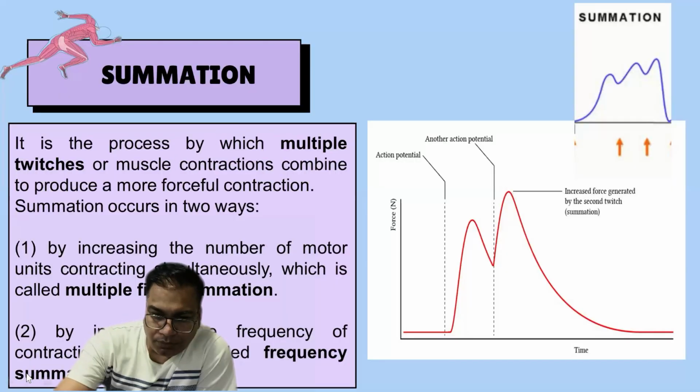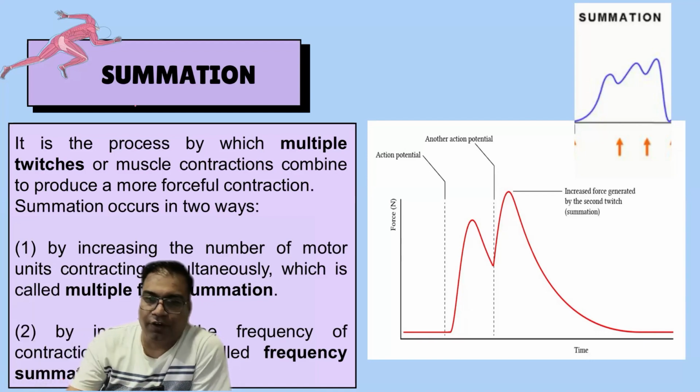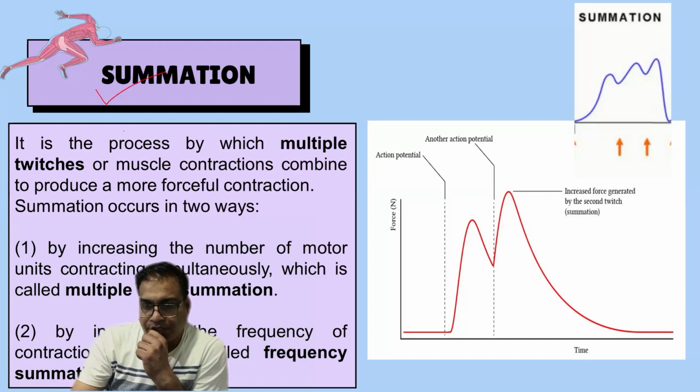Now come to the second effect. If we apply two successive stimuli, this is called summation. It is a process by which multiple muscle twitches or muscle contractions combine to produce a more forceful contraction.